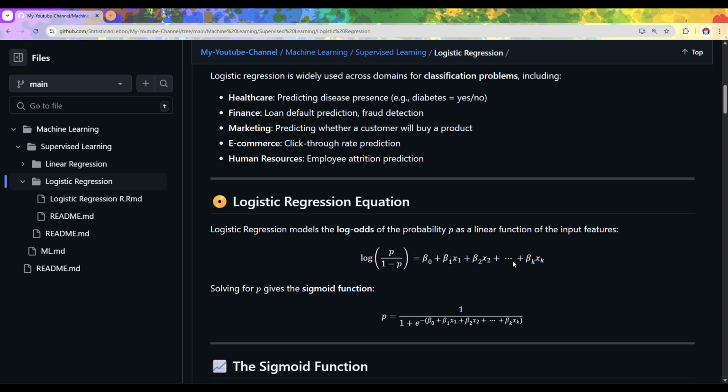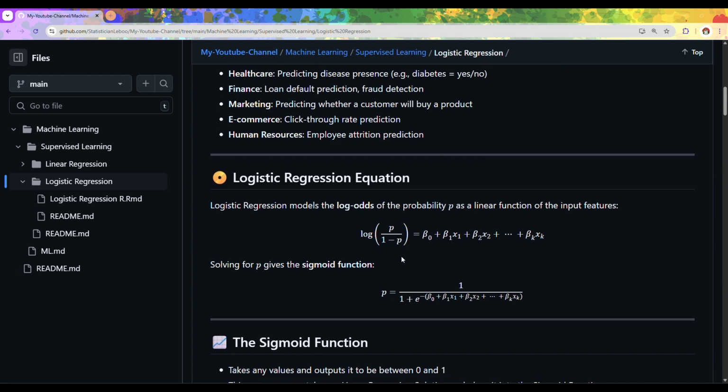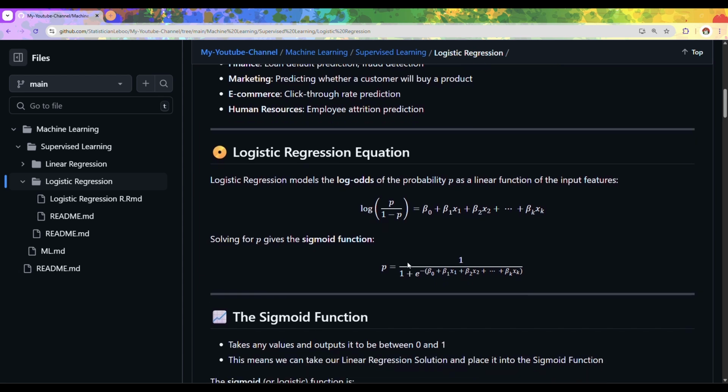For logistic regression, and this is something we'll be covering later on in the family of generalized linear models, we have a function which we call the sigmoid function, that is used to convert this section into log p over 1 minus p, which we call the log odds, that we will be interpreting in our equation.